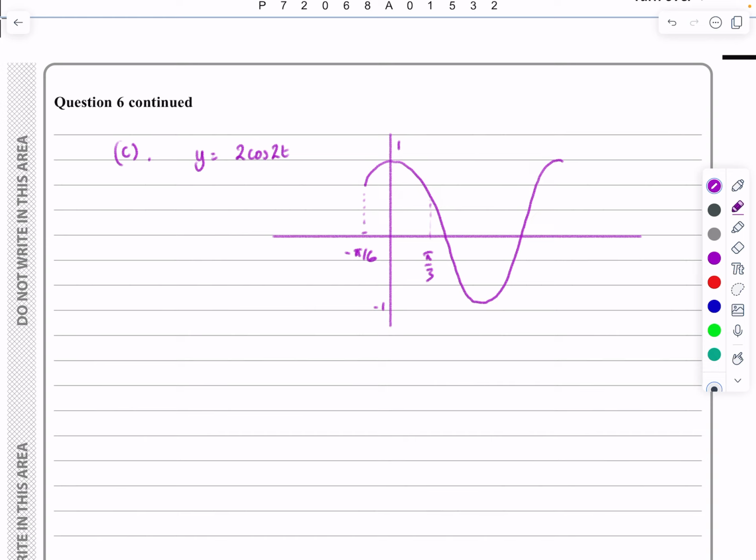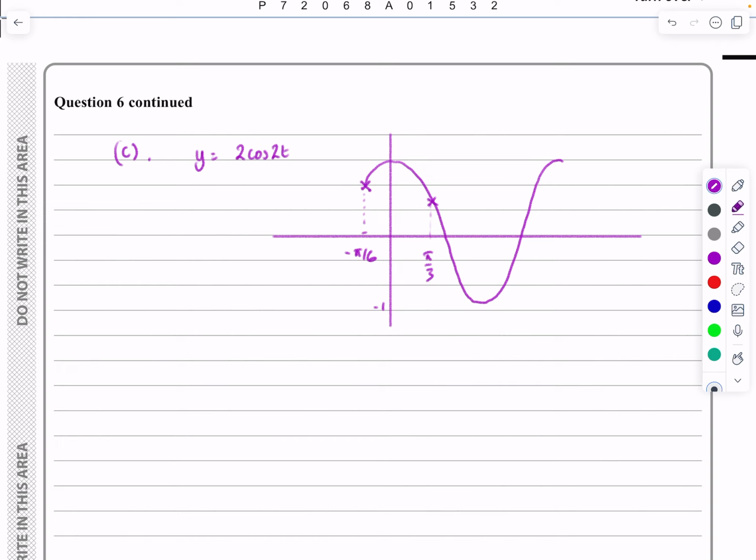So if you then put in the values of minus pi over 6 and pi over 3, you'd get this value and this value as what the values go between. But look, actually, up here there's going to be a value which is higher. Now, just to remind you, this was cos t.